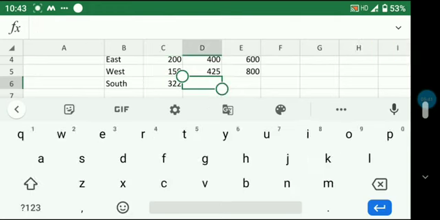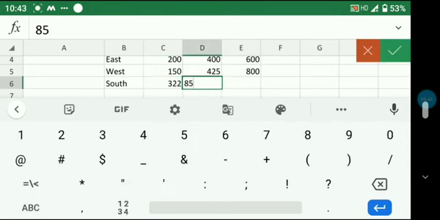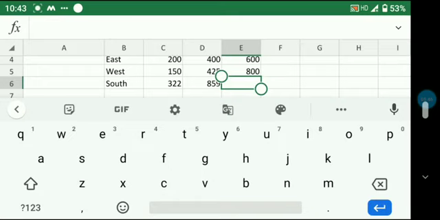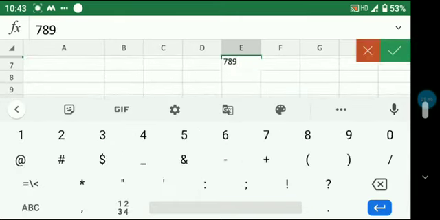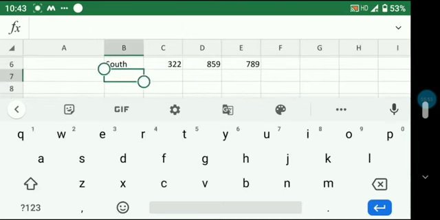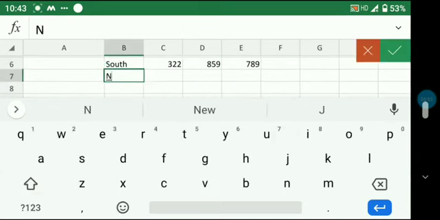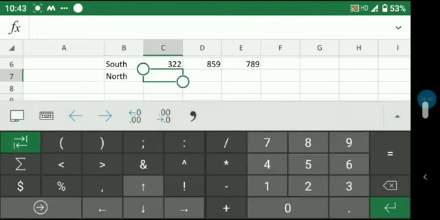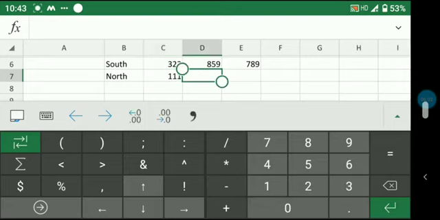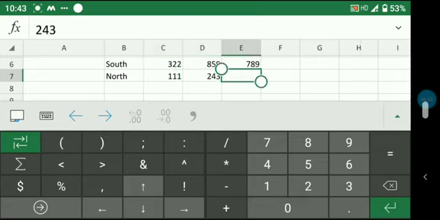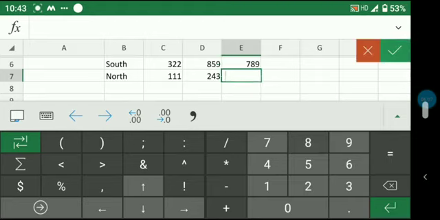Next value is 859. Next value is 789. Next for North, the value is 111. Next value is 243. Next the value is 884.